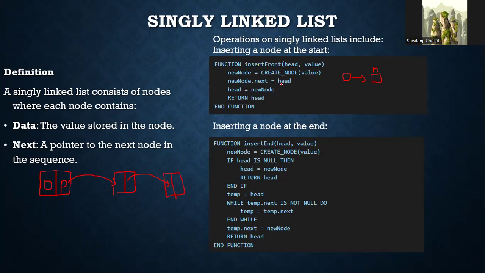Then, because we've created a new node, the first in the list here is going to be our new head. So new head is equal to new node. The new head, which is this guy, now references the value of the new node. This is going to be our new variable, and then we return the new head here.